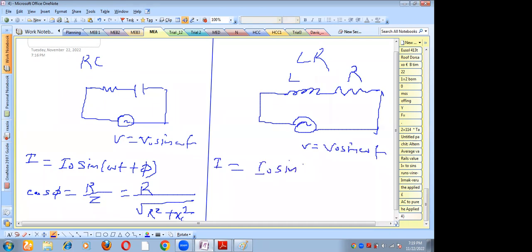Will current lead or lag in an LR circuit? I am asking in an inductive circuit, LR circuit.